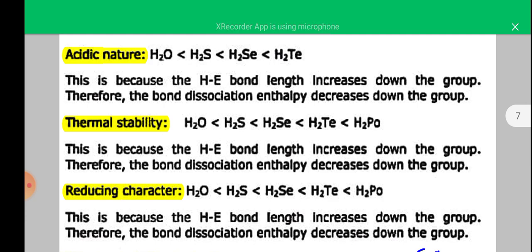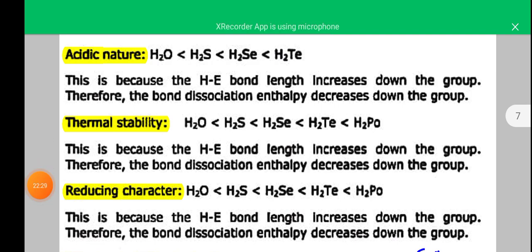And the thermal stability order: thermal stability of H2O is greater than that of H2S, greater than H2Se, greater than H2Te, greater than H2Po. This is because the bond length between hydrogen and group 16 element increases down the group, and therefore bond dissociation enthalpy decreases down the group.